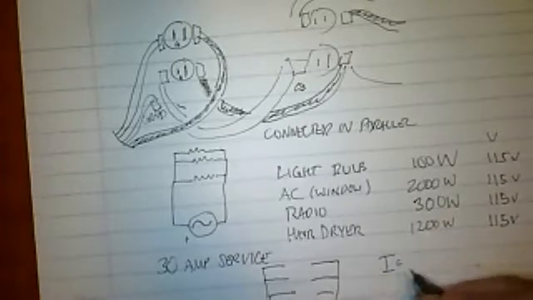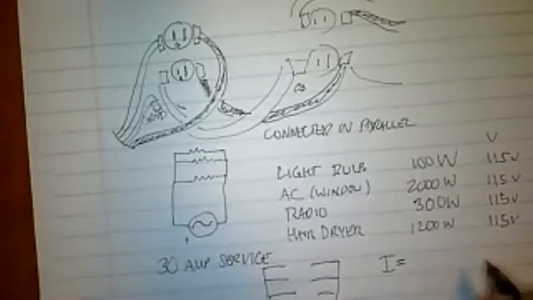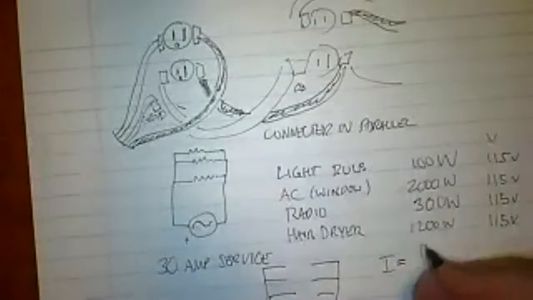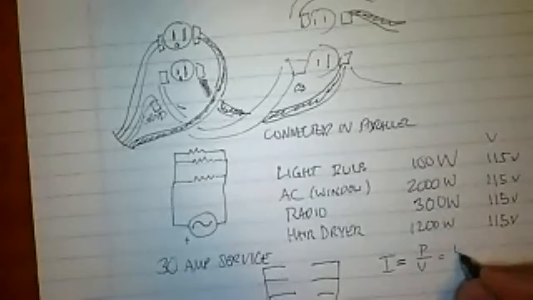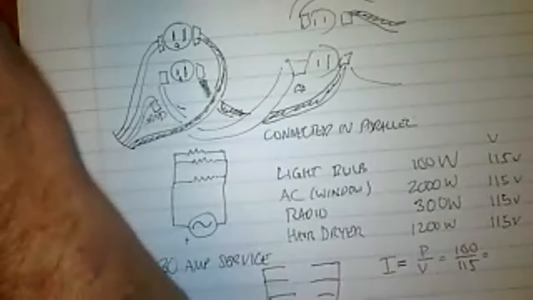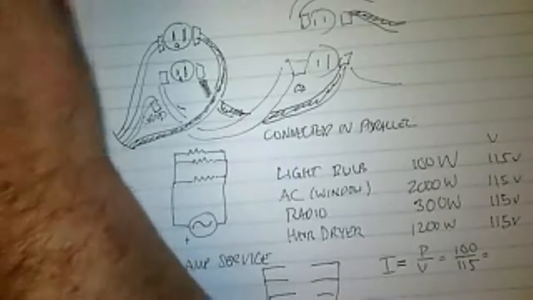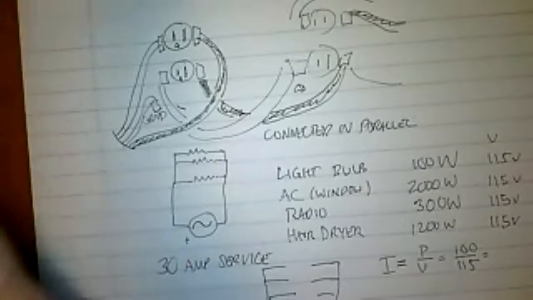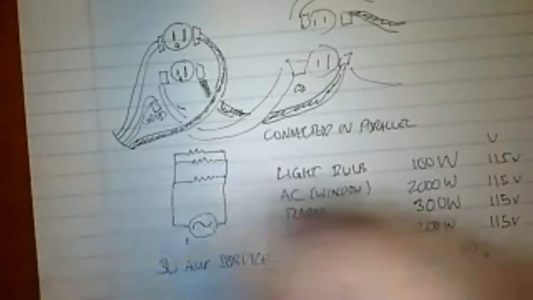Well, the current, since P equals IV, we know that I is equal to P over V. So that's going to be 100 over 115. In this case, it's going to be like 0.97 or something like that. No, 0.869.